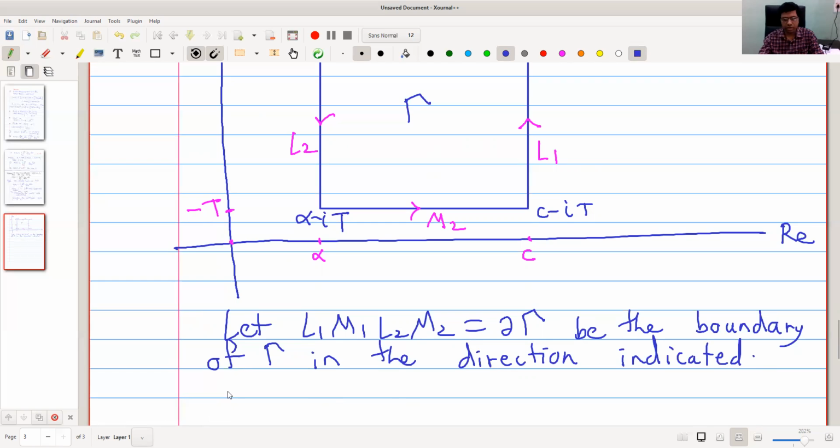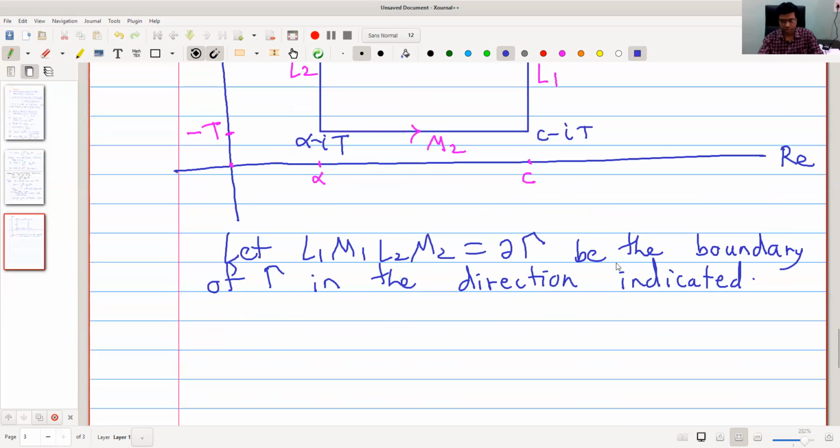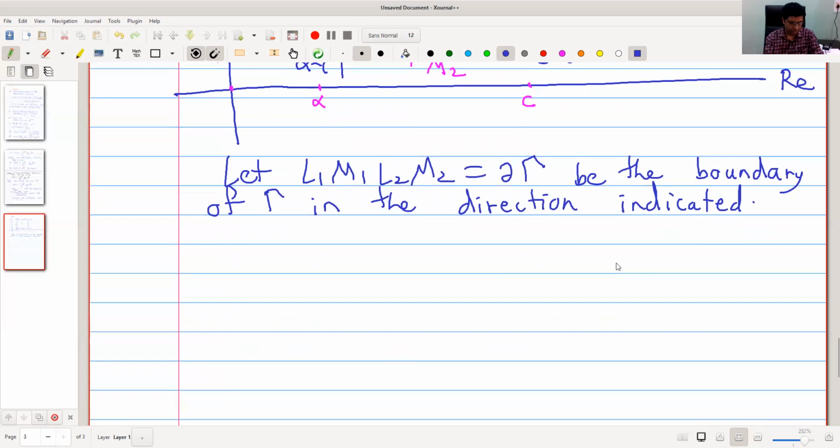So we may write equations of these lines using these two points. We have the equations of these line segments.